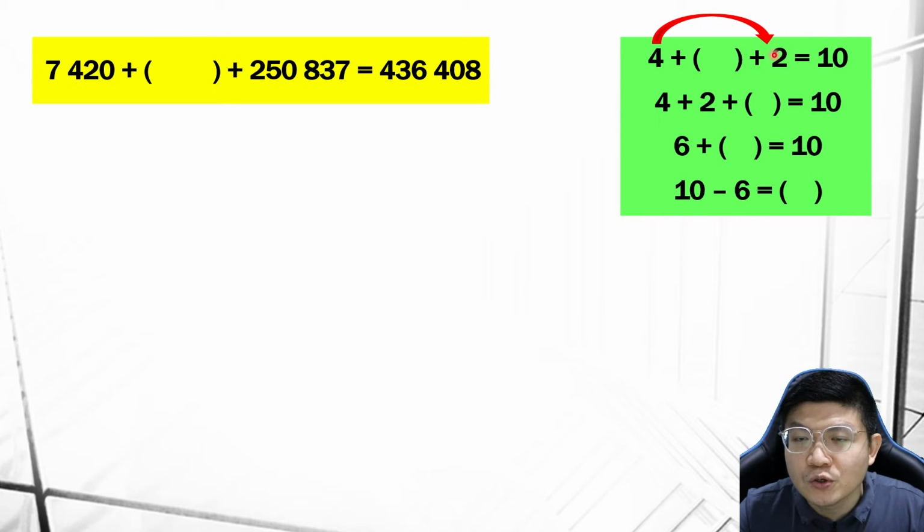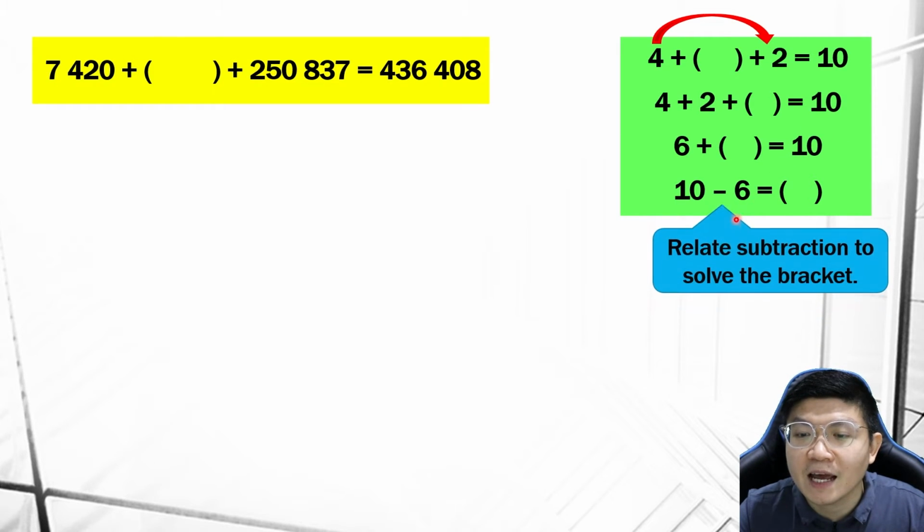Actually, these two I can plus first. These two I total up, so I get 6. Now, 6 plus bracket equals 10. Now you can relate subtraction to solve the bracket. So from the total, you minus the 6. Then you can get the answer.